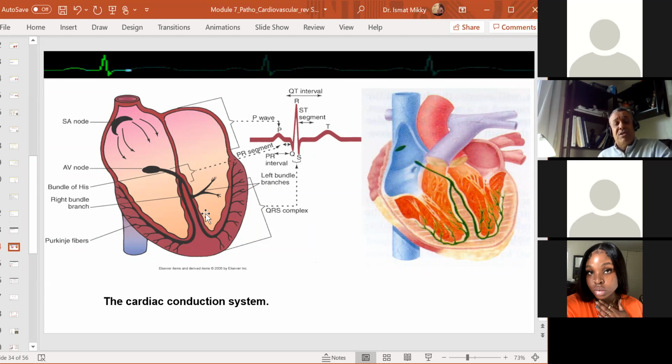It will result from a disturbance in impulse formation, which means the SA node is not firing the impulse, or the impulse has been fired from a cell outside of the conduction system, from any cell in the myocardium, not from the SA node or the AV node. We call it ectopic foci.